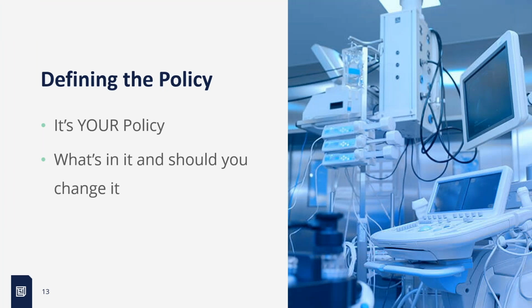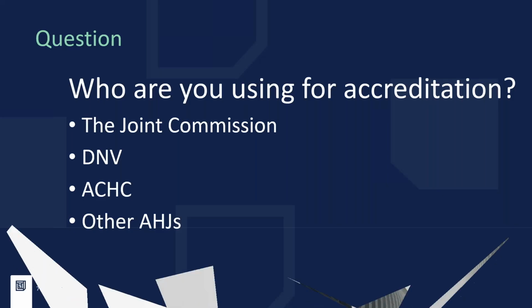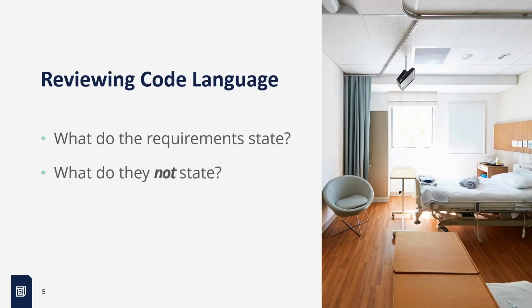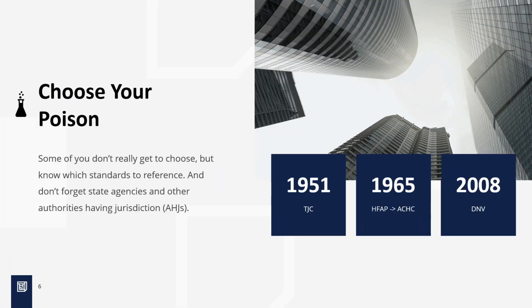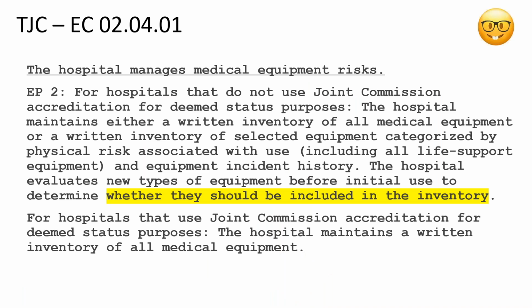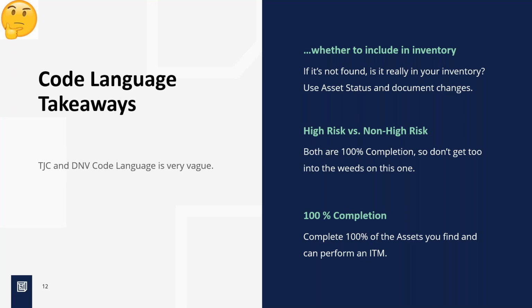So if we were to just go back real quick, it's even better in reverse, the second bullet point on this slide. What is it that the code language doesn't state? Everyone having worked with the Joint Commission previously, I'm sure I'm preaching to the choir here.